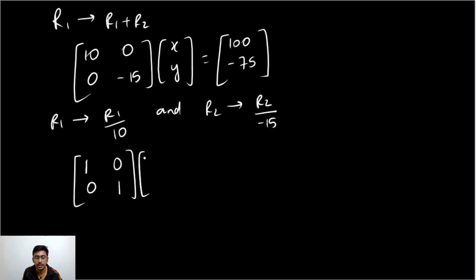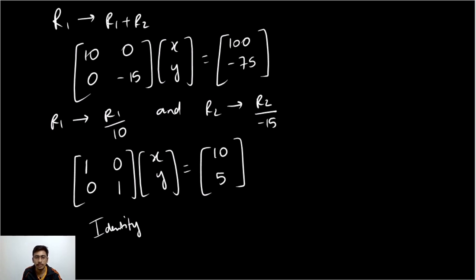This became an identity matrix. And what do we have here? X and y, and the output will be 100 divided by 10, which is nothing but 10, but 75 divided by 15 is what? It's 5.